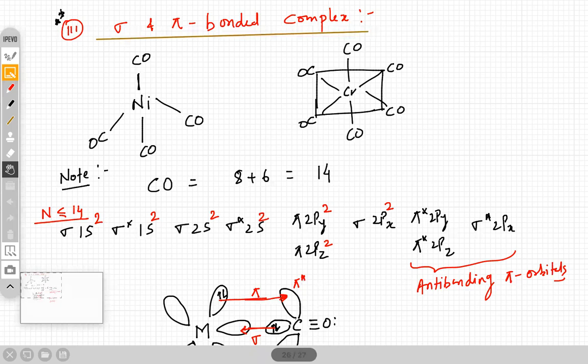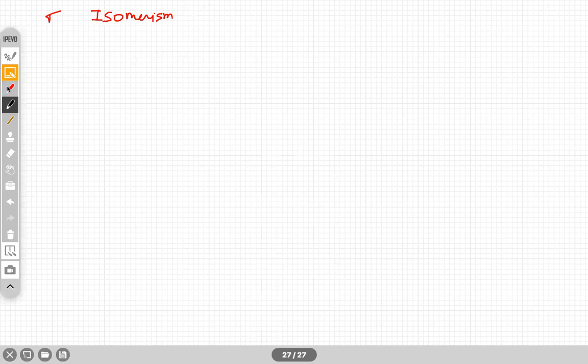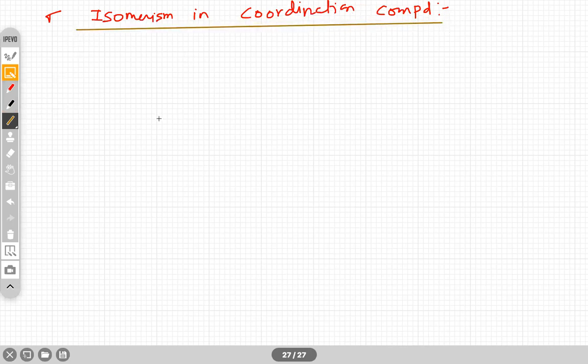So isomerism in coordination compounds. Fine. So two types of isomerism. I'm not going into detail of all this because you know what isomerism is.